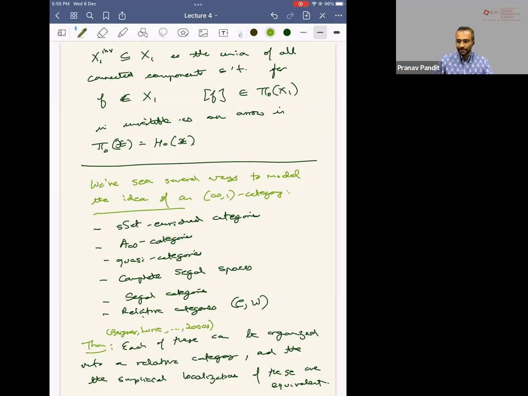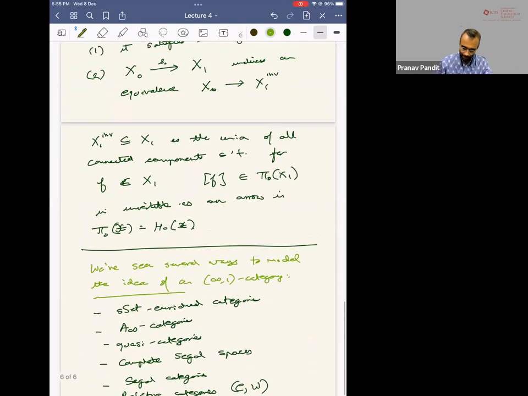For complete Siegel spaces, they're the nicest from this point of view, because a weak equivalence of complete Siegel spaces is simply a level-wise equivalence of the simplicial objects, right? So if X and X prime are two complete Siegel spaces, a weak equivalence is simply a map that is a weak equivalence at each level. So maybe I should write this here.